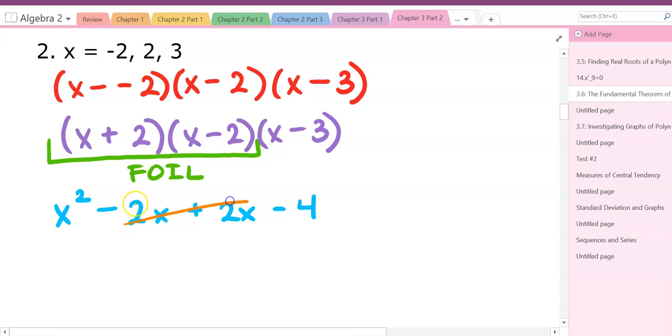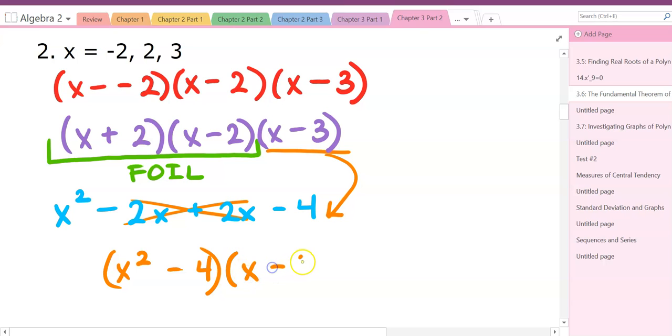So the -2x and the +2x just becomes a 0. And so I'm left with just x squared minus 4. Now I still need to bring down x minus 3, so I'm going to drop that right next to x squared minus 4.